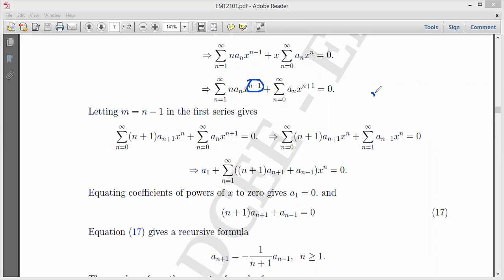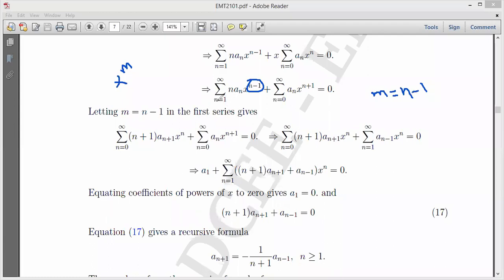So if m is n minus 1, then this one becomes x to the m. Since this is x to the m, we have to think about the n minus 1. But remember, n now becomes m, which we will take back to n.